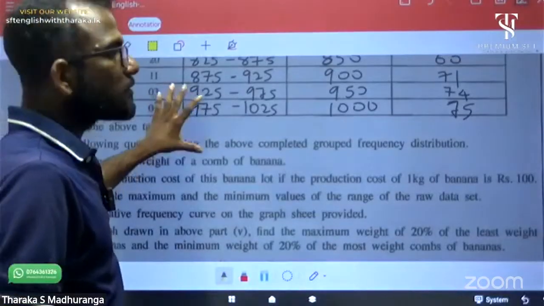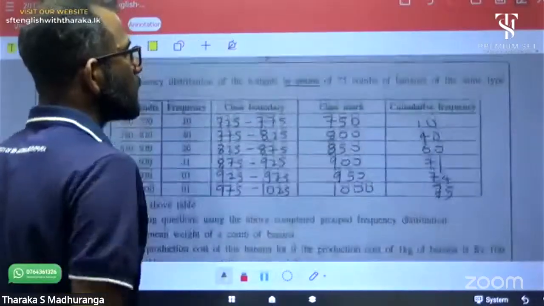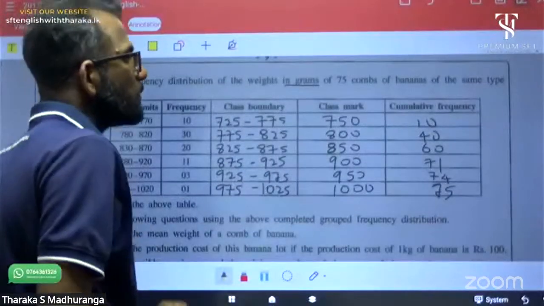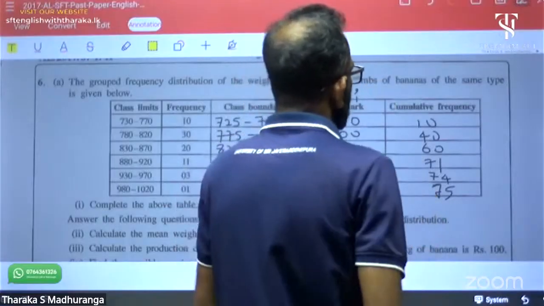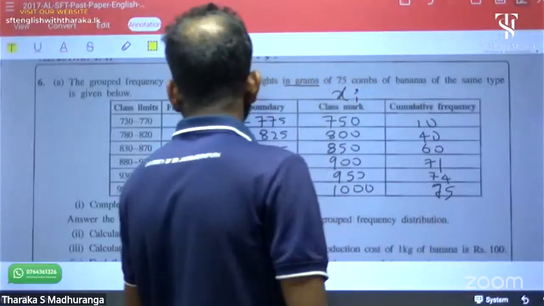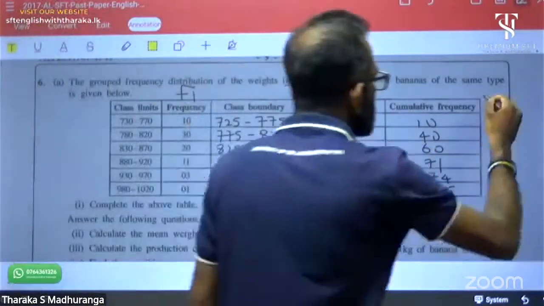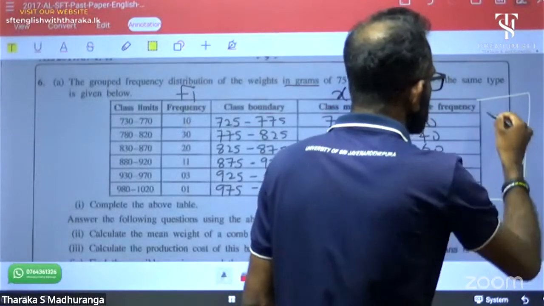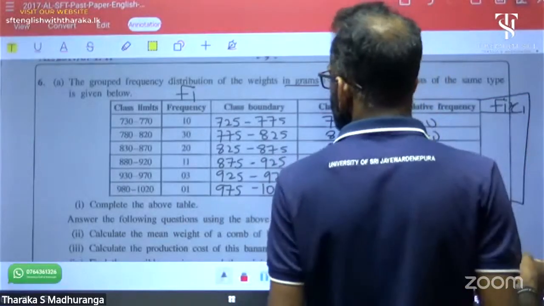Okay, we discussed the assume mean method previously. Let's follow the normal method. In the normal method, the class mark is xi and the frequency is fi. You only need one additional column, fixi.